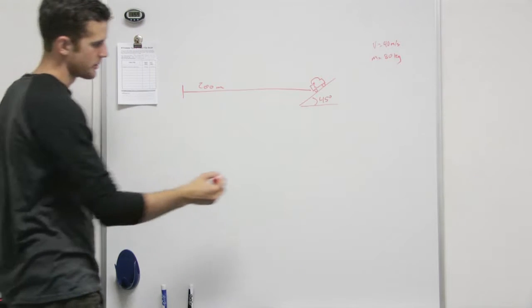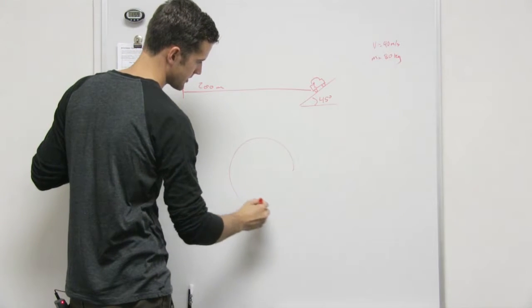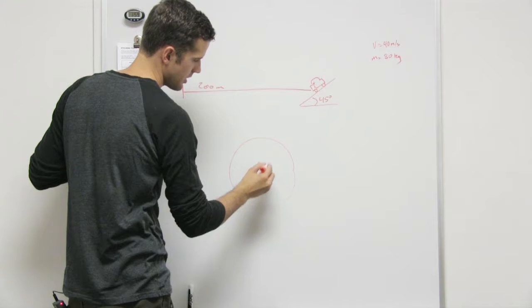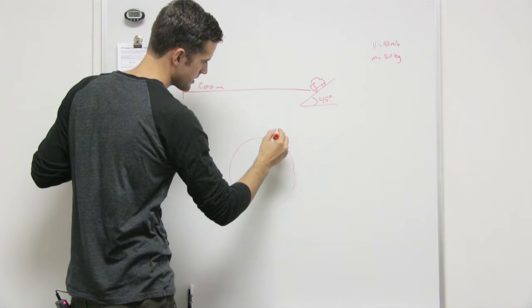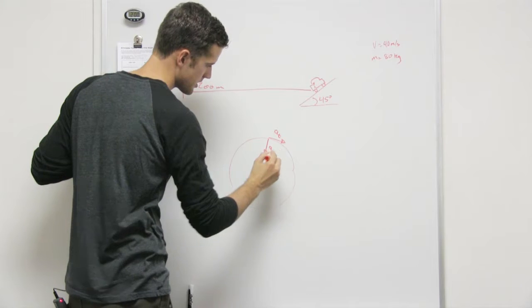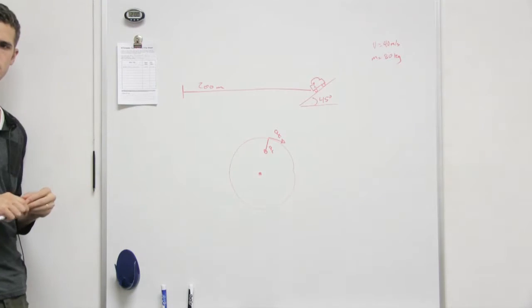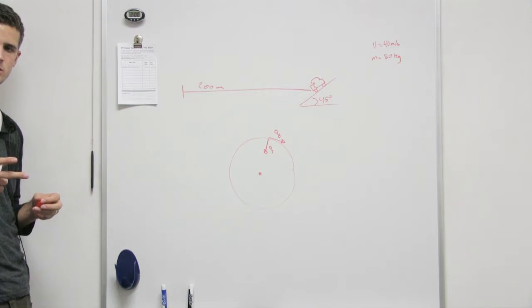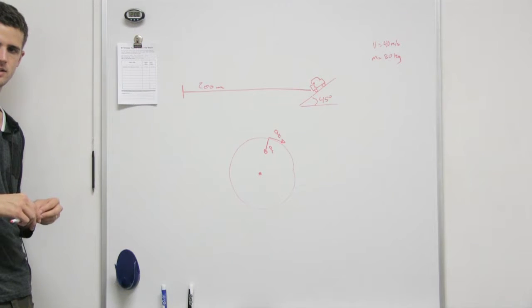Okay. So you remember before we were talking about circles like this, and there's two kinds of acceleration? Tangential acceleration and centripetal acceleration.